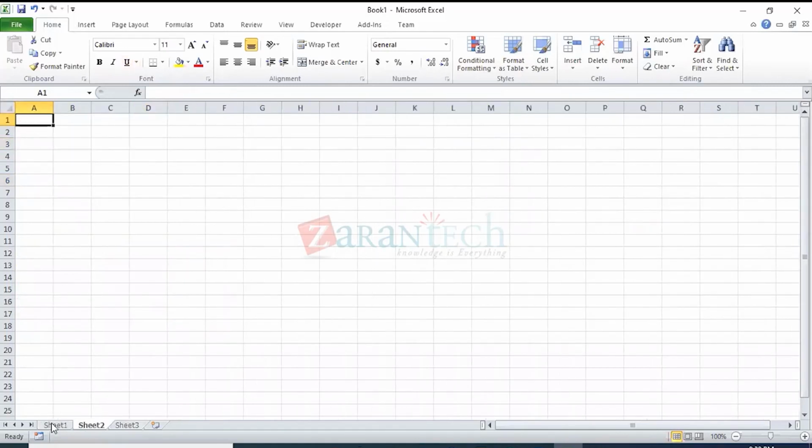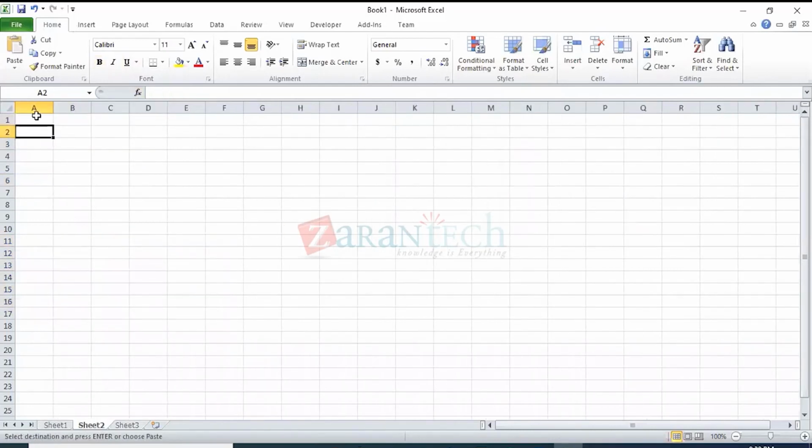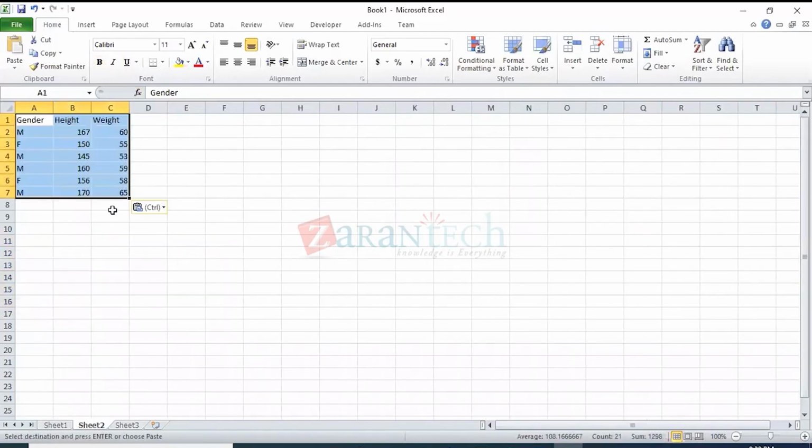So let's start with linear regression. I'll take the same example. First, I'll explain what regression is, and then we will move on to linear regression.